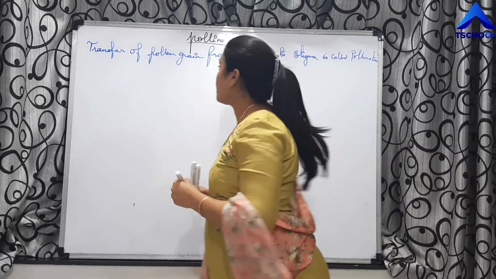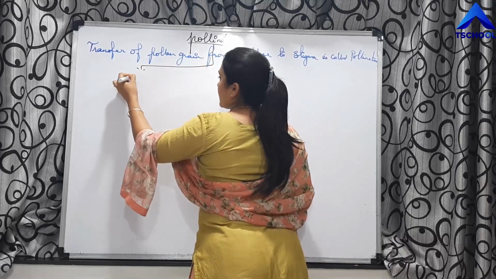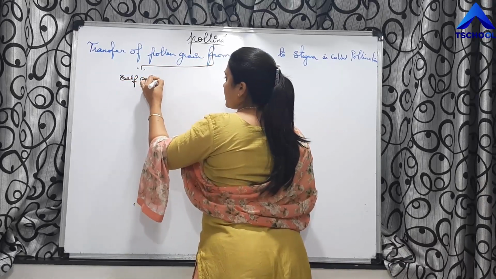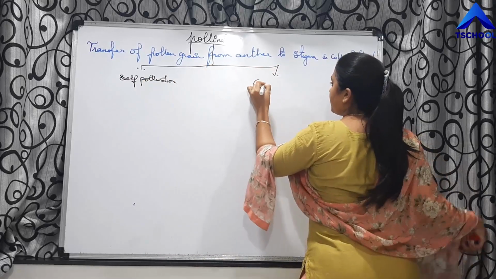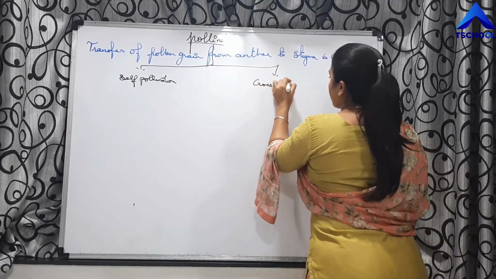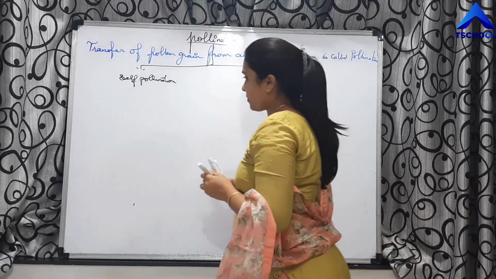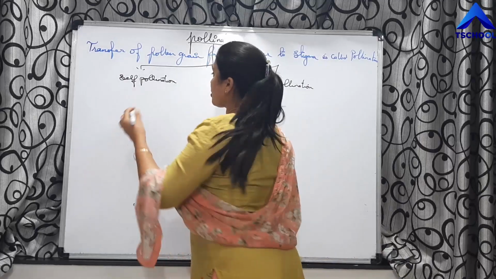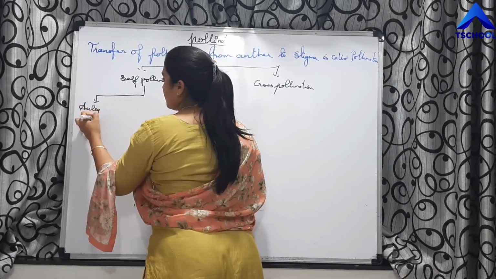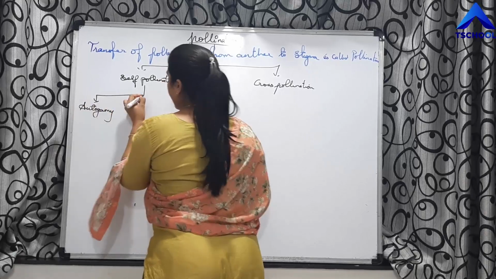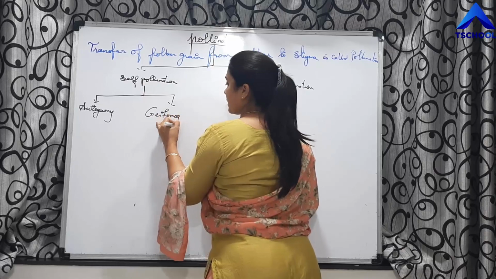This pollination is basically of two types, that is self-pollination and cross-pollination, right? This self-pollination is further of two types, that is autogamy and geitonogamy.